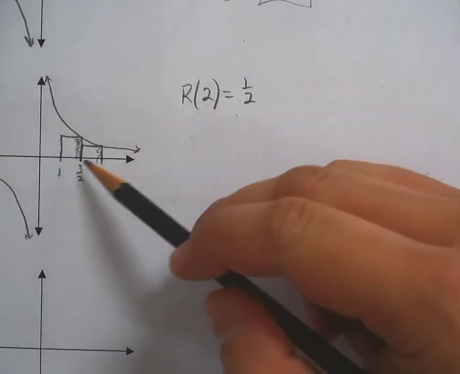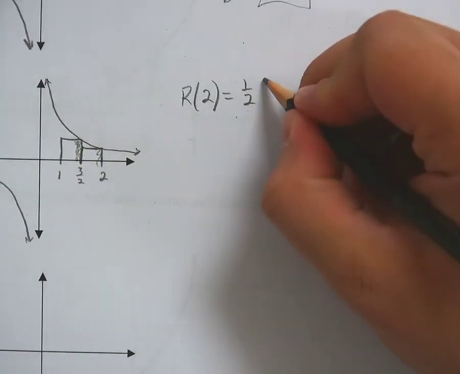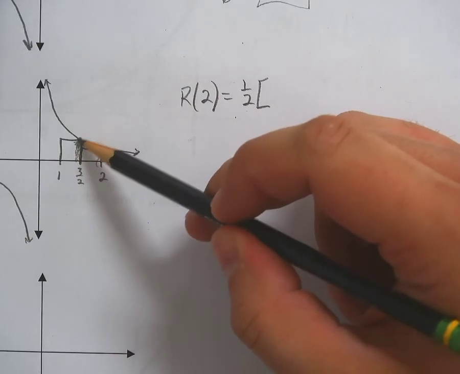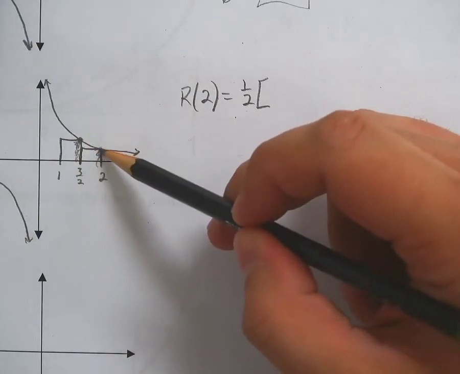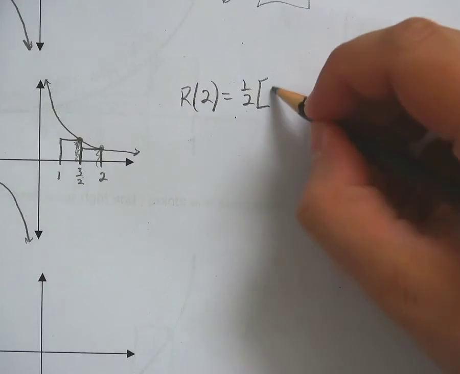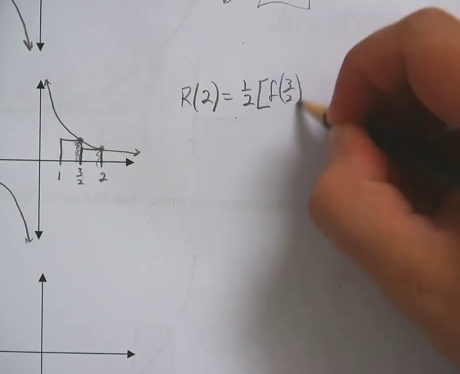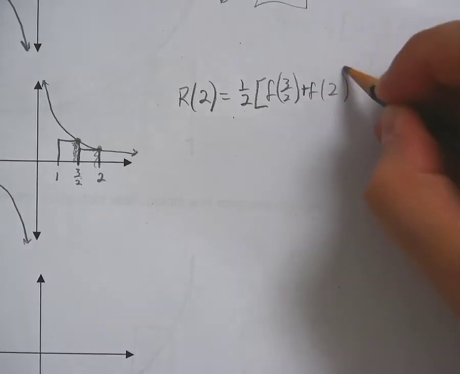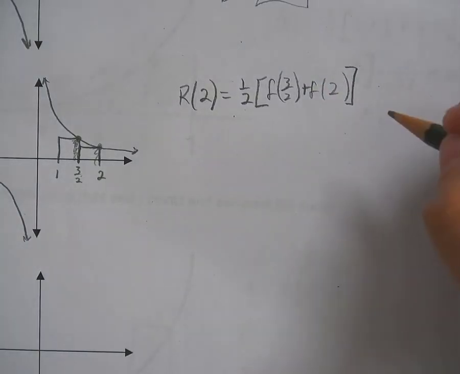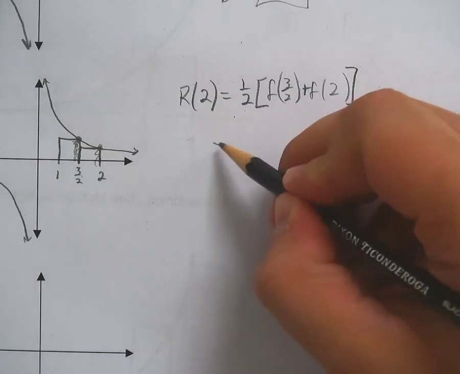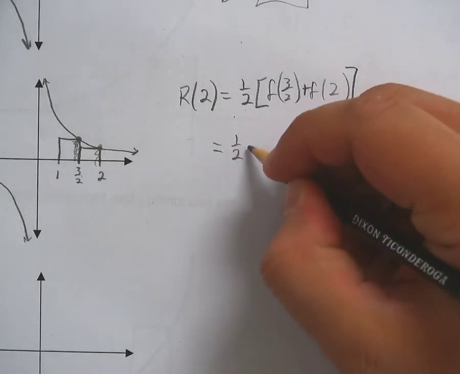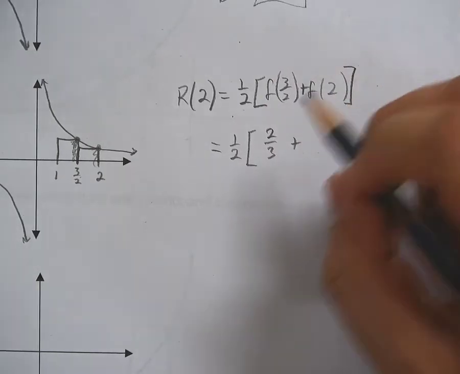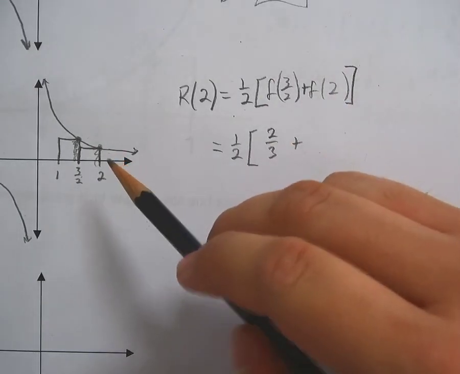So it's delta x, which is 1/2. And I'm going to add up all my function values. Just go to where your rectangles touch the graph. I need f of 3/2. And I need f of 2. And I'm going to add them up. That's a Riemann sum. So this is going to be 1/2. And we said that f of 3/2 was 2/3. If you plug a 2 into 1 over x, you get a half.